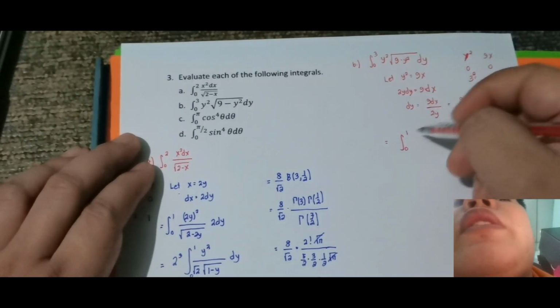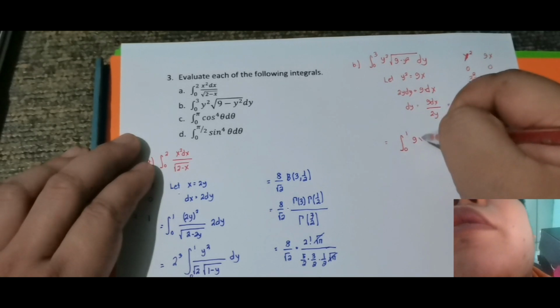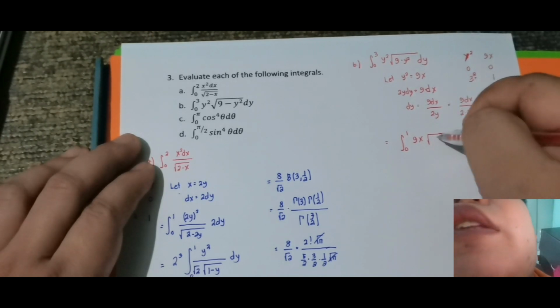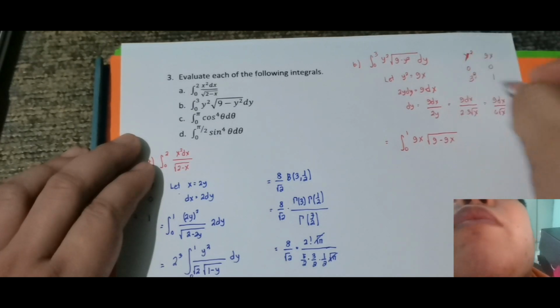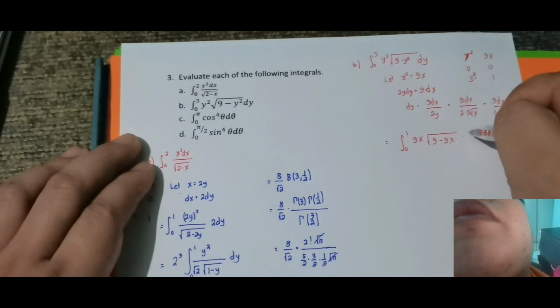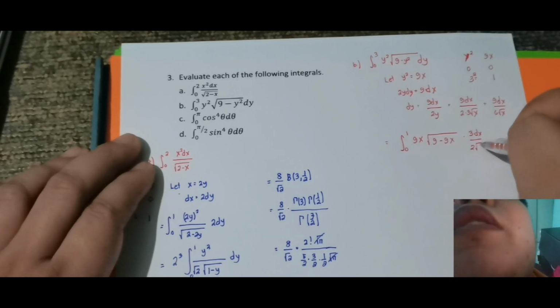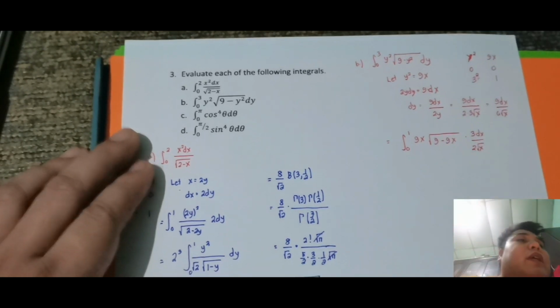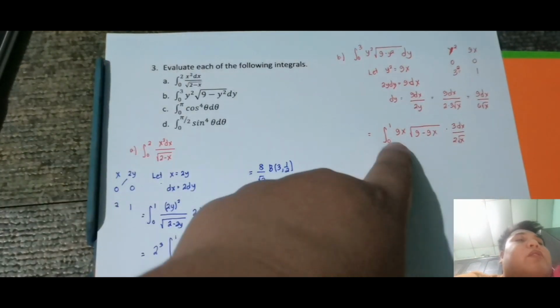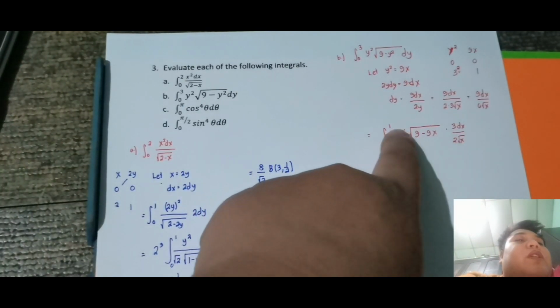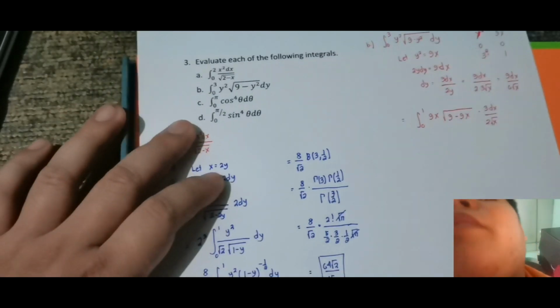Okay, then yung y squared natin, gagawin natin 9x 'to. Tapos, square root ng 9 minus 9x. Tapos, yung dy natin, which is ito, which is yung 3 dx over 2 square root of x. Ayun yung mga problema natin. Okay, so pa-factor out natin yung 9 times 3 over 2, so that is 27 over 2.